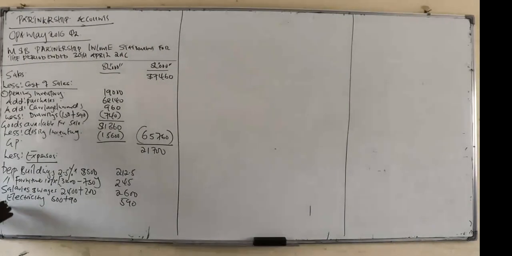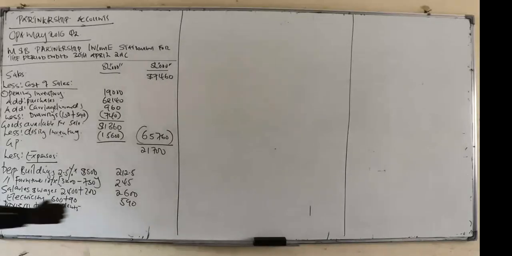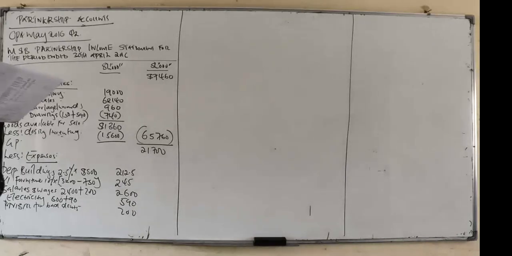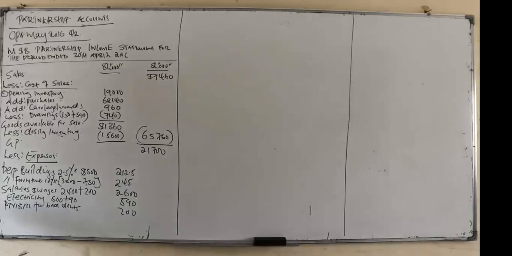So this is the first time they are making it. So write here provision for bad debts. How much is it? 200. So you write there 200. And then number 5, insurance paid in advance amounted to 40. So the insurance that is paid, you get it in the trial balance.